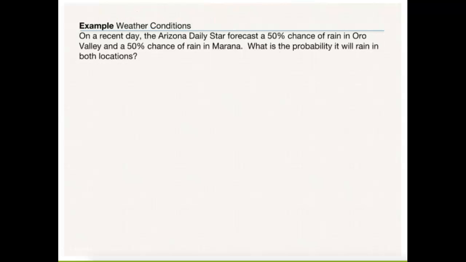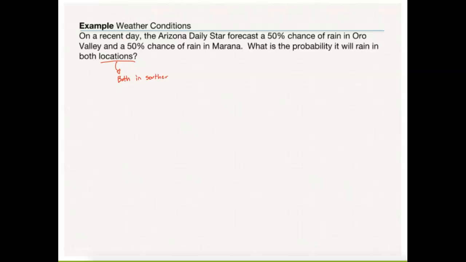Last one: on a recent day, the Arizona Star forecast a 50% chance of rain in Oro Valley and a 50% chance of rain in Marana. What's the probability it will rain in both locations? So these locations, I will tell you, are both in southern AZ.